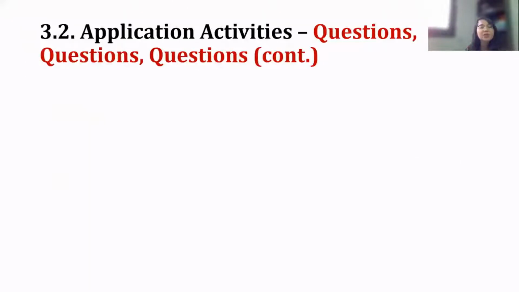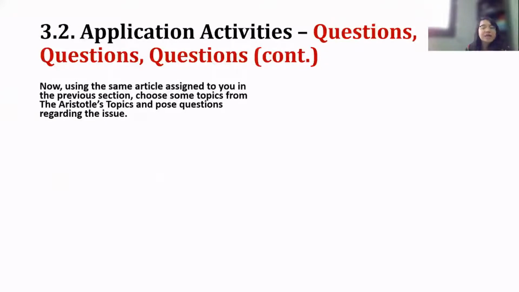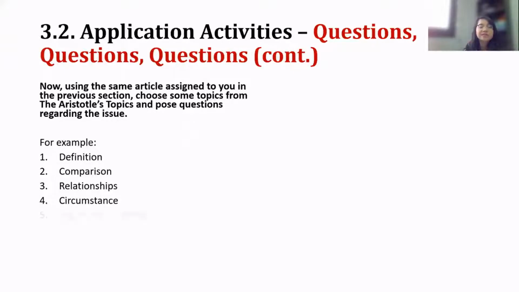Next one, still about questions. Now, using the same article assigned to you in the previous section, choose some topics from Aristotle's topics and pose questions regarding the issue. Let's take a look at my examples, and later I want you to make your own. So, for example, I want to pose questions that ask about definition, comparison, relationships, circumstance, and testimony or evidence.